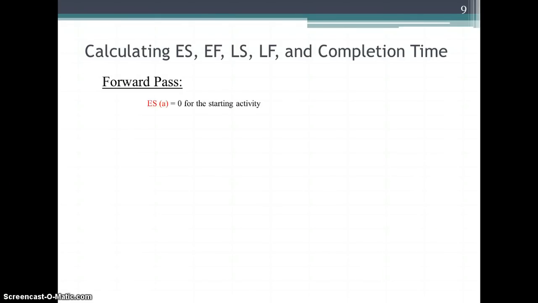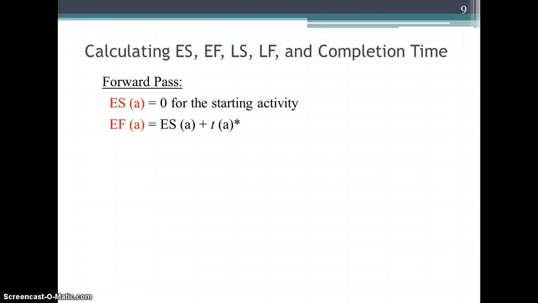So a forward pass: our early start for the beginning activity, in our case A, is 0. The early finish for A is the early start, i.e. 0, plus the time that that activity takes. The designation T with A in parentheses denotes the duration of an activity.